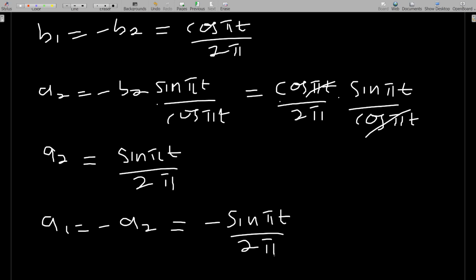So this is very simple, and this is our Green's function now. Our task is to solve it.